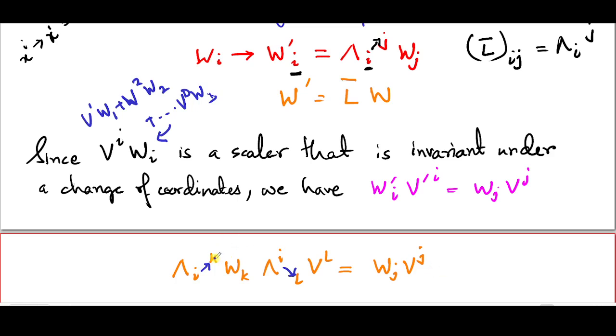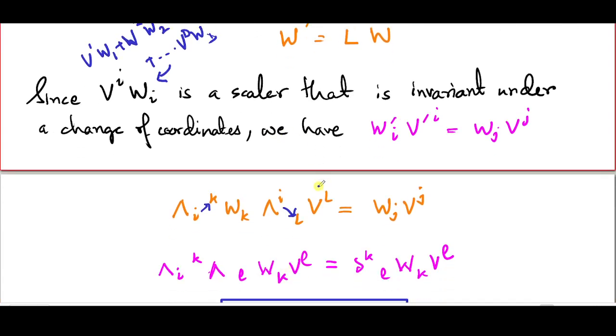I have deliberately written this as k and this index as l in order that we do not mix up the dummy indices. We are already using j on the right hand side, so we avoided using j here, and once I have chosen to write this as k, I have to choose some other letter for this particular index.